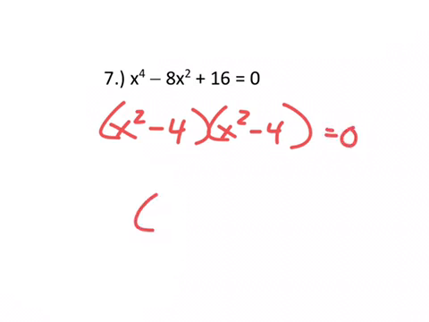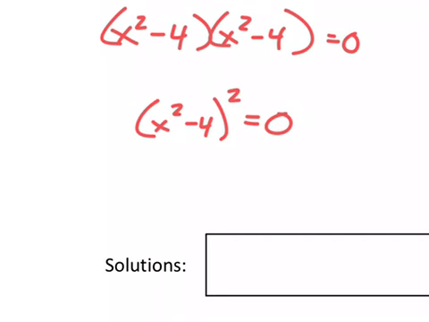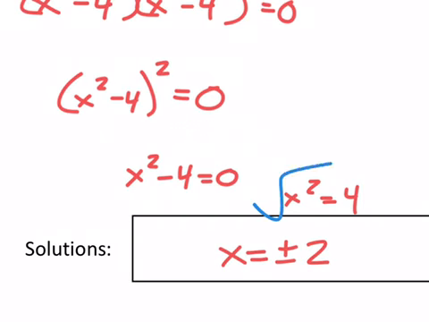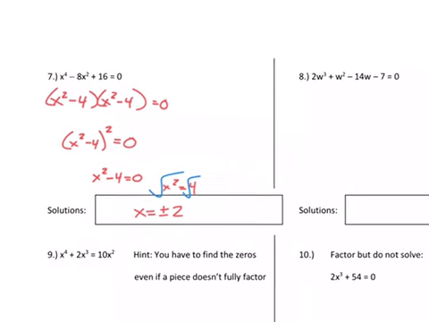This is the same thing twice. Same factor twice, so we have x squared minus 4, squared, is equal to 0. So when we then set this piece up equal to 0, we only have to do it once. We have x squared is equal to 4, telling us that x is equal to plus or minus 2 when we square root both sides.